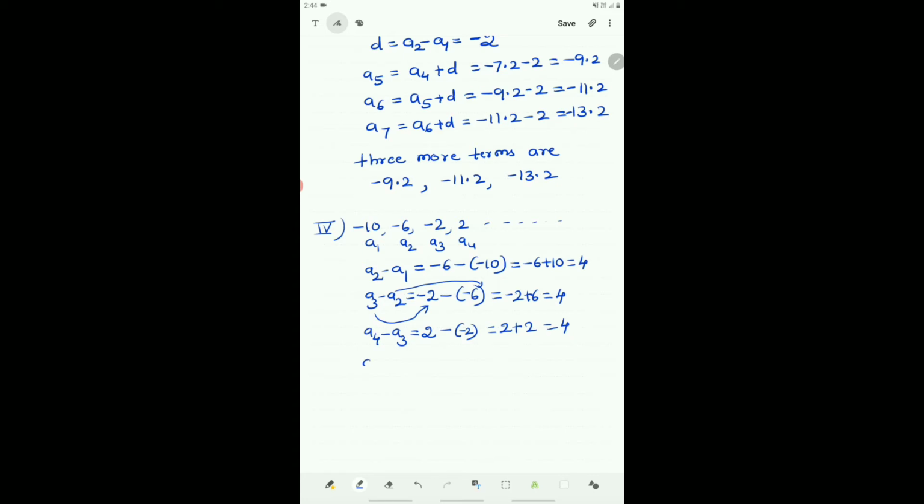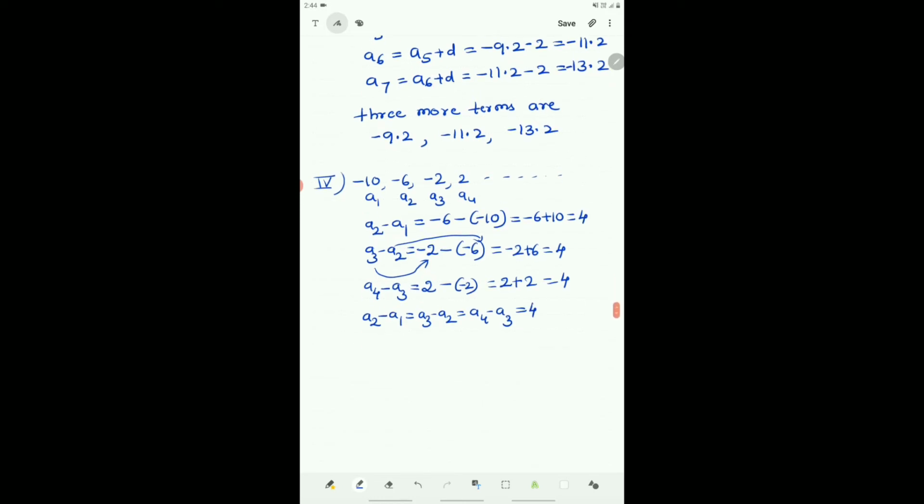So you can write A2 minus A1 is equals to A3 minus A2 is equals to A4 minus A3. All are equals to 4.